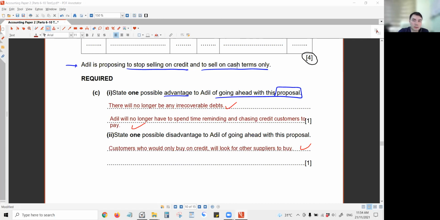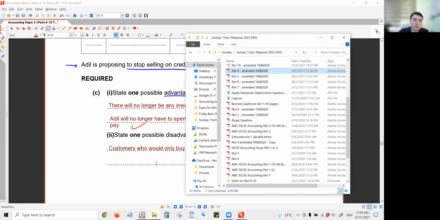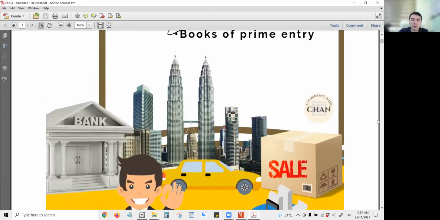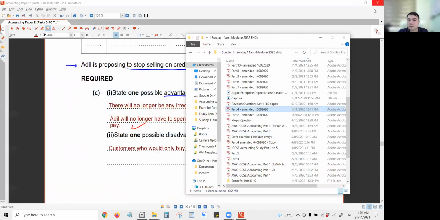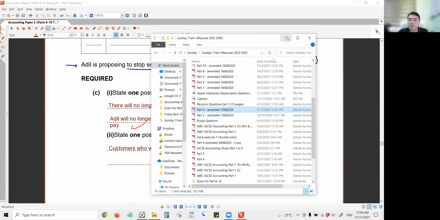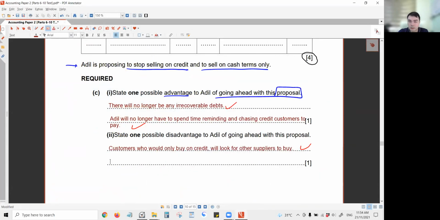When you sell goods on cash terms, it means you collect payment immediately from the customer. There's still one more document: the cash receipt. If you sell goods on credit, you print an invoice. So I don't think you can save papers. You still have to print the cash receipt. Okay, let me write this one more disadvantage here.